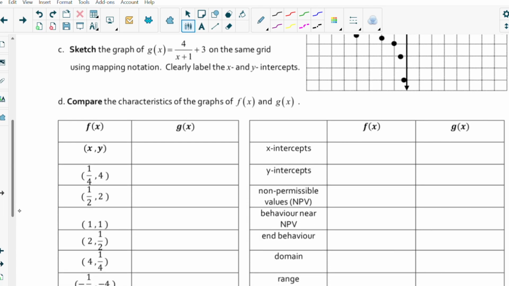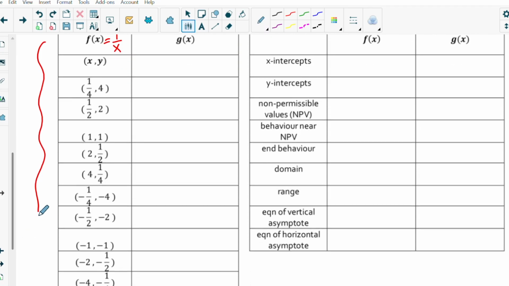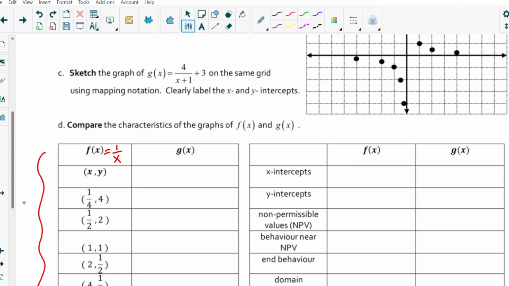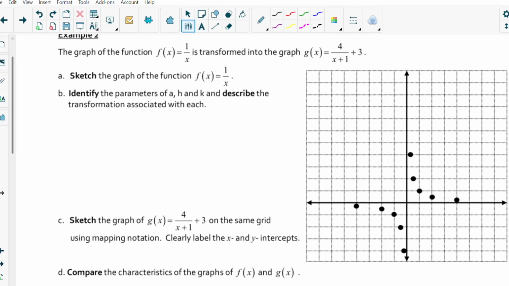Okay. Sketch the graph of the function f of x equals 1 over x. So what I've done is, here's all the f of x, f of x equals 1 over x. Here are all the points for 1 over x. You can graph that. This is a rational function. I've graphed it here in green. There's our points.